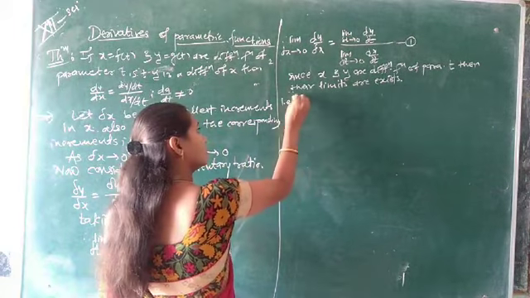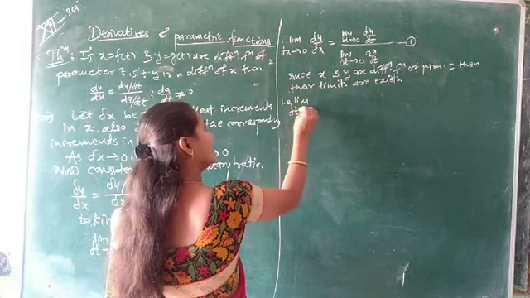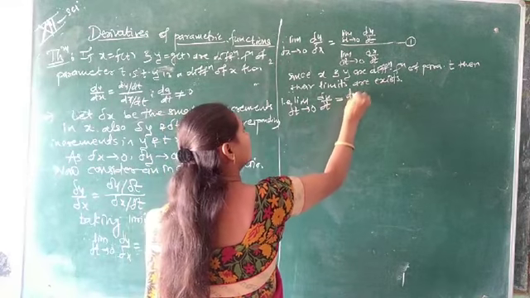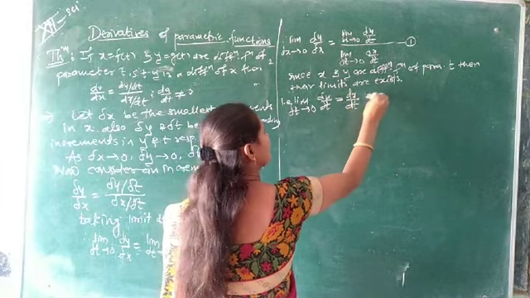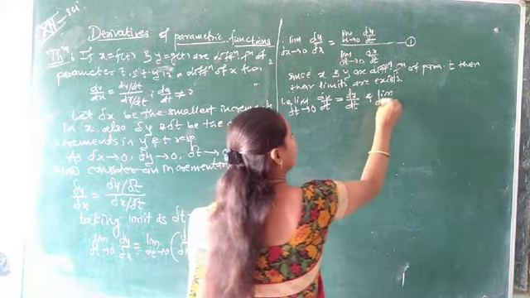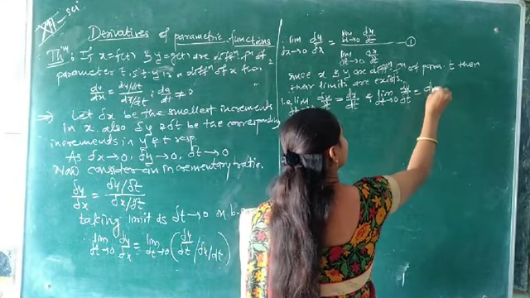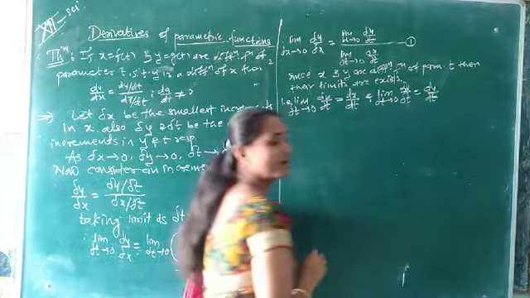That is, limit delta t tends to 0, delta x upon delta t is equal to dx upon dt, and limit delta t tends to 0, delta y upon delta t is equal to dy upon dt.